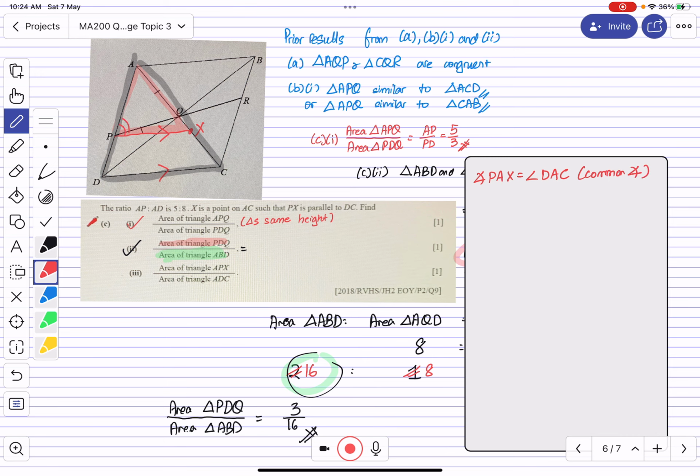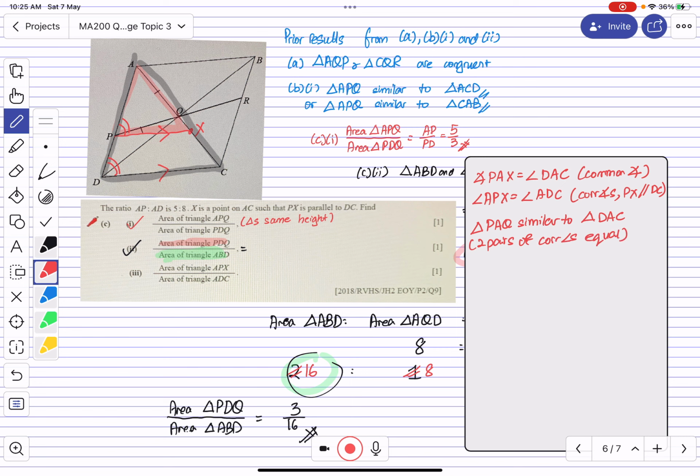Because these two lines are parallel, you can also conclude that angle APX is the same as angle ADC, as these are corresponding angles and PX is parallel to DC. Therefore, I can conclude that triangle PAX is similar to triangle DAC, because I have two pairs of corresponding angles which are equal.